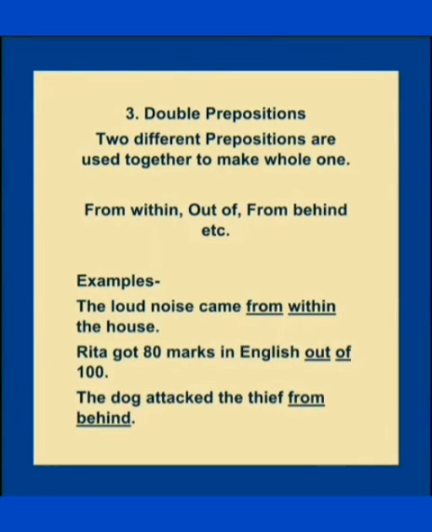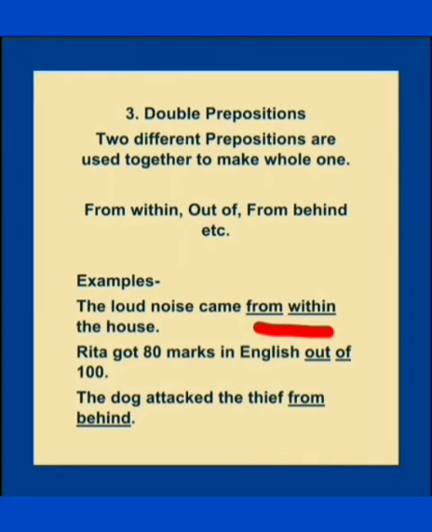Now we have certain examples for double prepositions. The loud noise came from within the house. Now in this sentence we could have used from the house, but we are trying to be more specific, from within the house. That's why we've used here a double preposition. Rita got 80 marks in English out of 100.